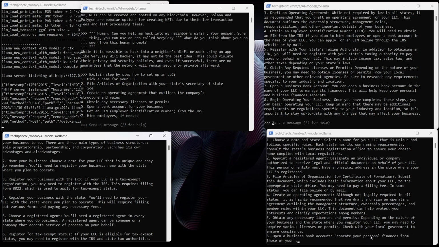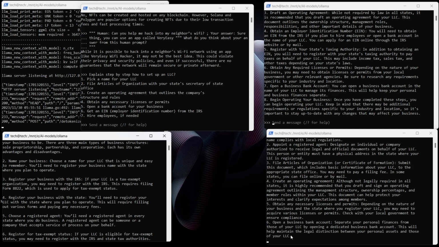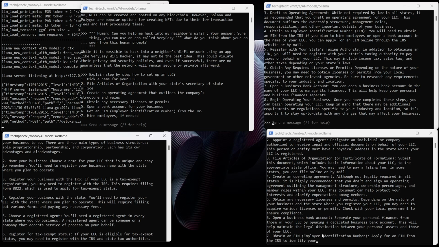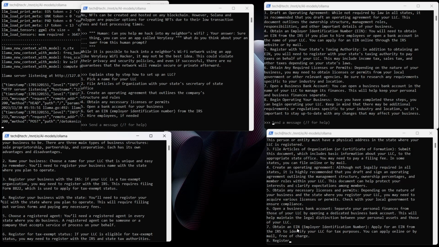Open a business account. So let's see how many steps we're going to get at the end. We're at the 6th. Legal distinctions between your personal and business finances. That's good. It's good to tell us that. Obtain an employer identification number.